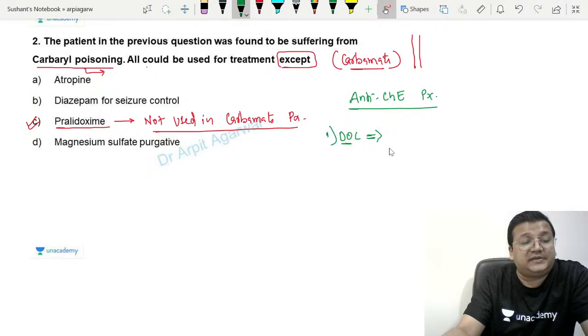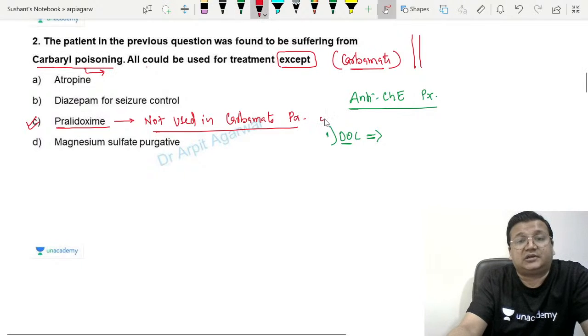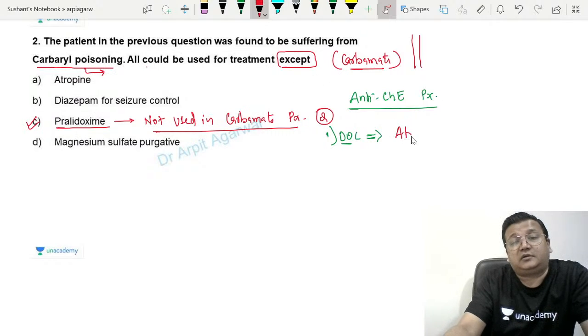Let me know in the comment section. Many times, every year, this question comes. Simple, but every year this question comes. Atropine, says Simran. Anybody who thinks differently? So atropine is correct. IV atropine is the drug of choice in anticholinesterase poisoning.